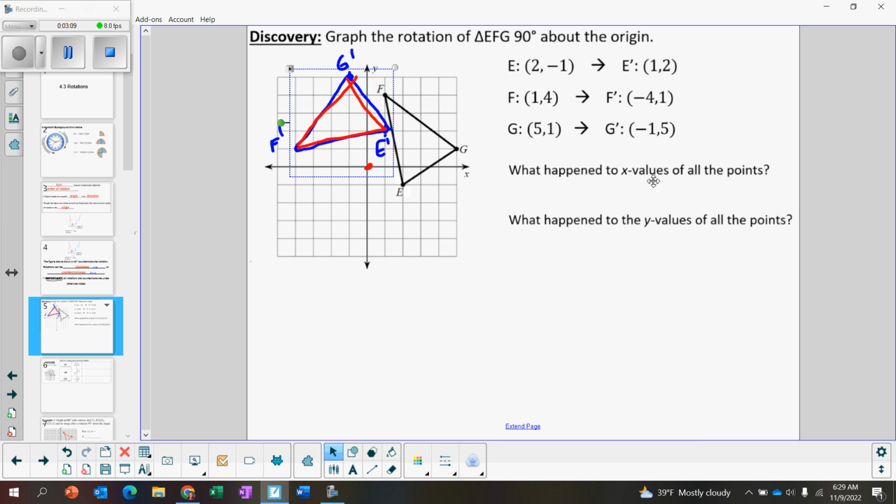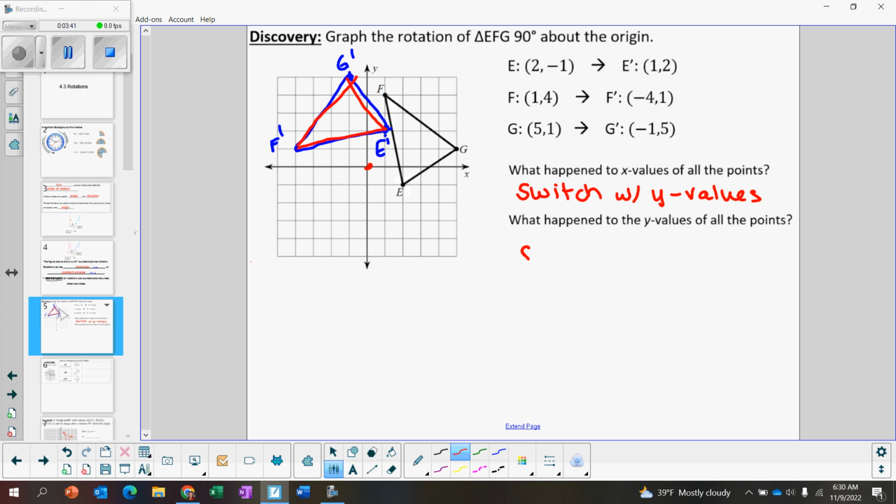So what happened to the x values of all the points? The x values were originally 2, 1, 5, but now they're over here, 2, 1, 5. So what happened was they switched with the y values. And then the y values were negative 1, 4, and 1, and now I have positive 1, negative 4, and negative 1.